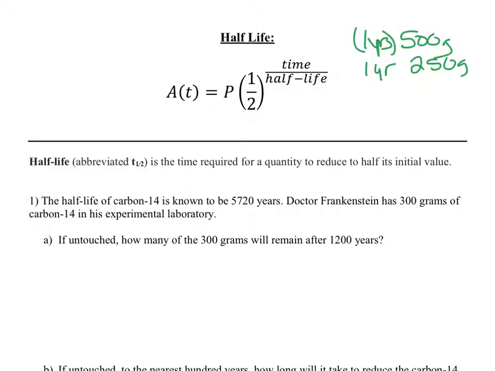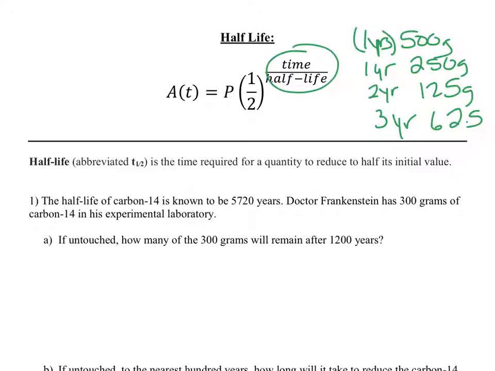So every half-life, the whole thing gets reduced by a half. That's why we call it half-life. So after the second year, we're going to get 125 grams. After the third year, 62.5, and so on. So in this formula up here, the time is on top. So in this case, let's say it's 3 years, and the half-life is on the bottom, which is 1 year.